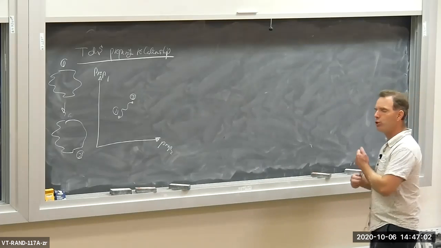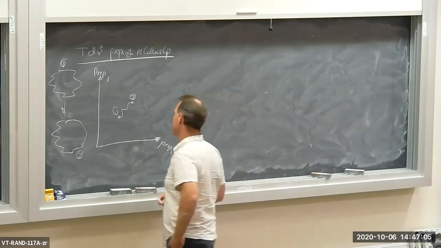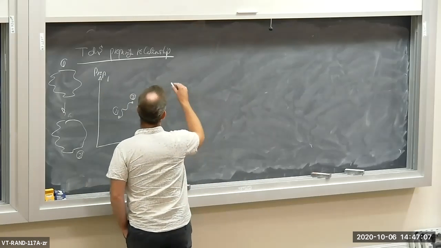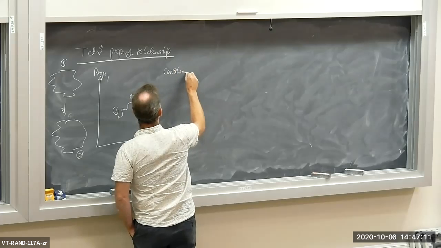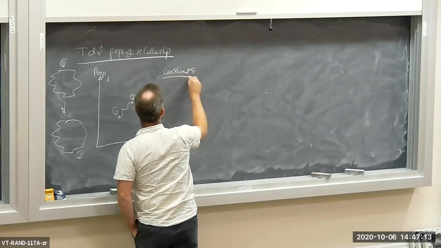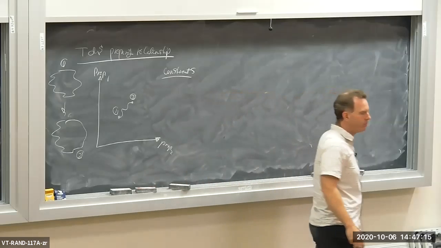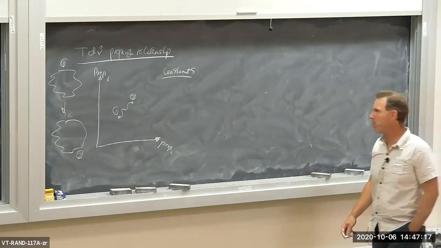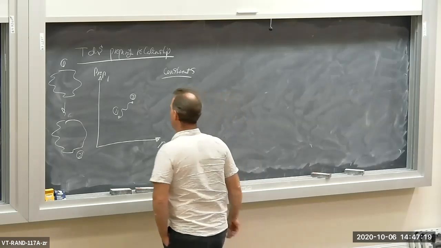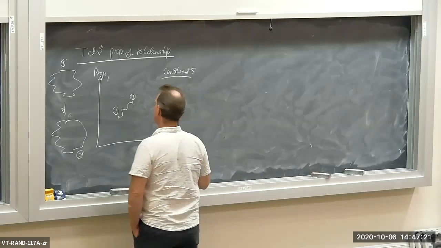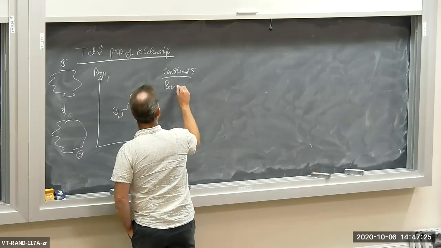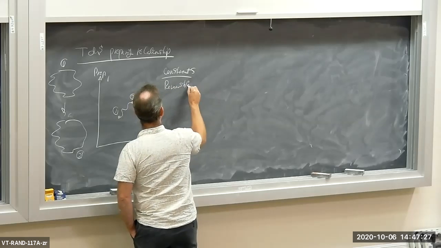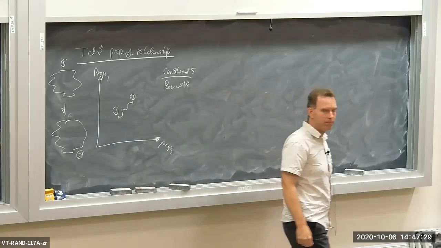Now I'm going to put a constraint initially on this process. I'm going to put some constraints on this process, 1 to 2. First of all, this process is going to be reversible.